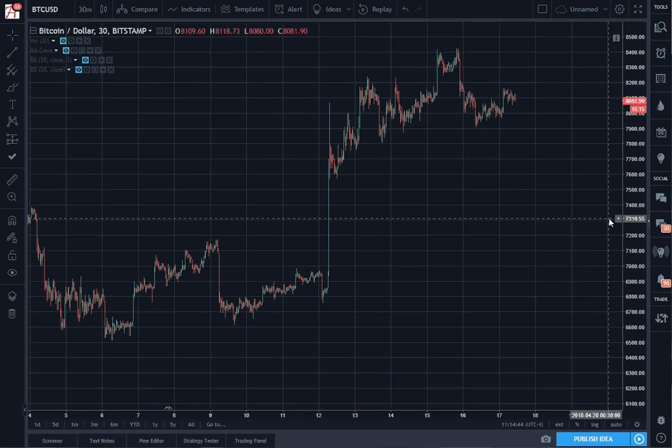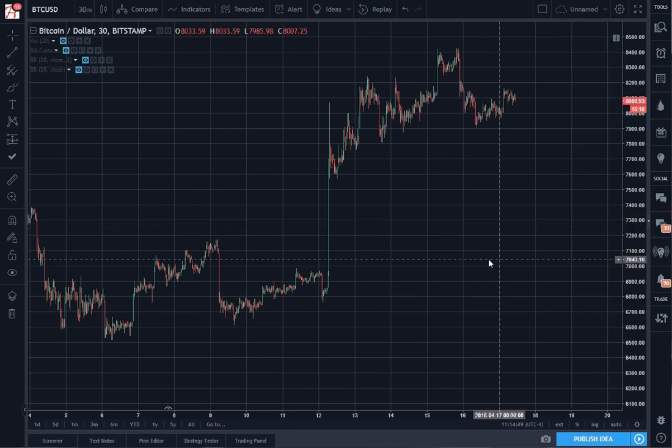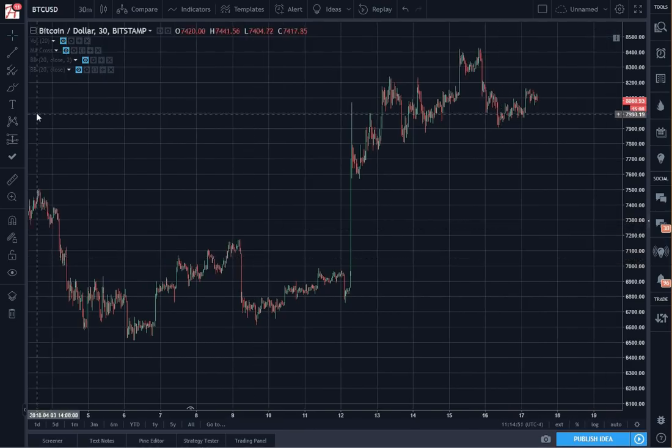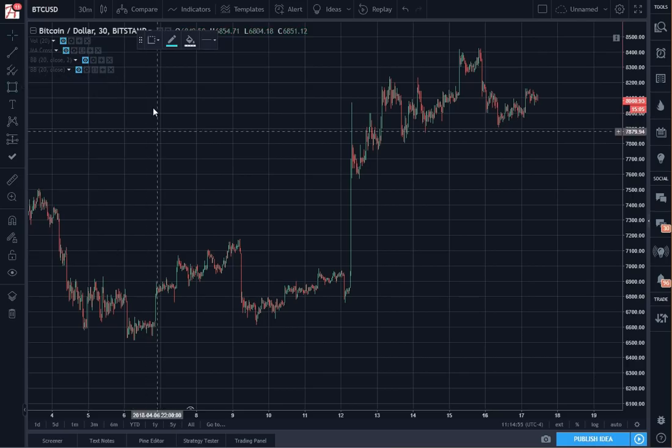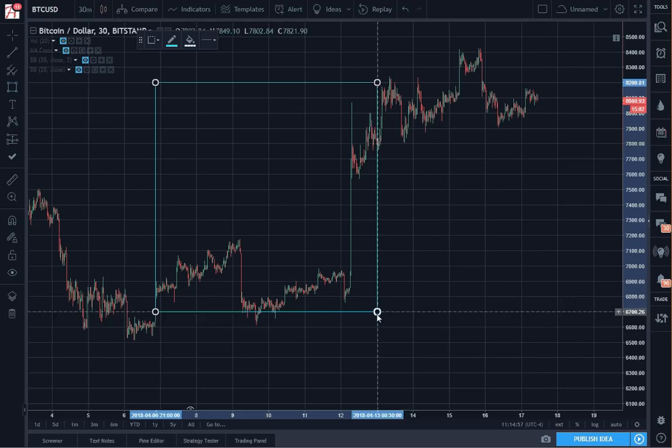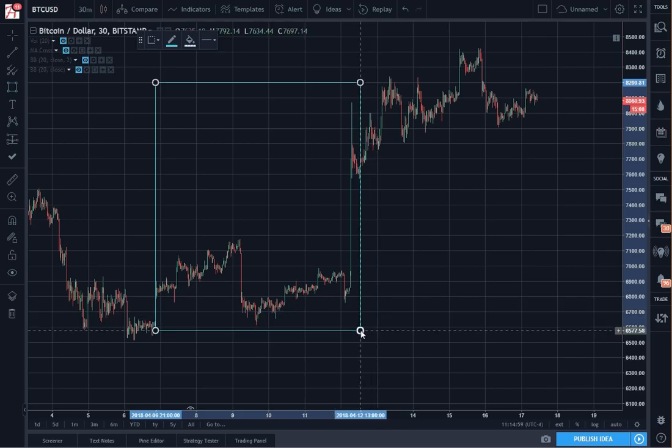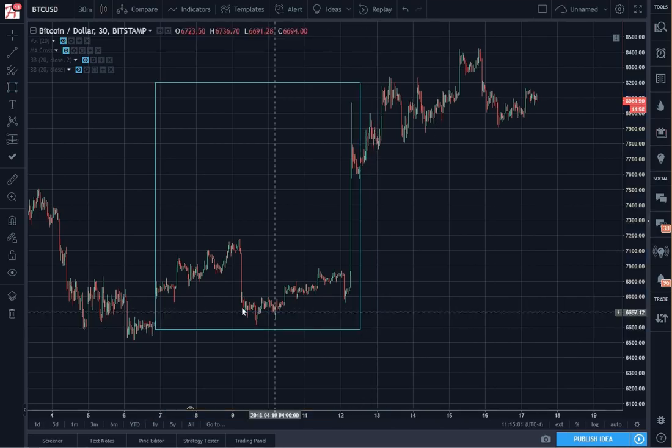Now, what I did want to show you is a fractal that I'm noticing. And I'll draw the square around the fractal. Right here. So I'm looking at an incline. Price went down, and there's another incline.